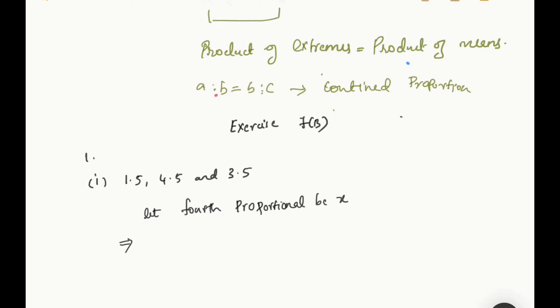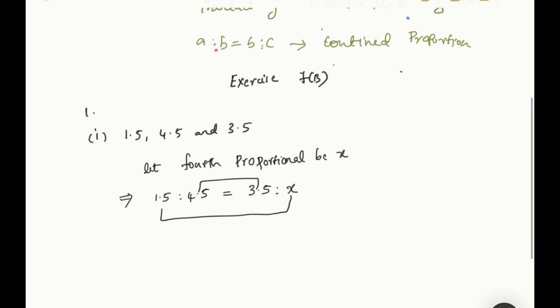That is, you can write this proportion as 1.5 is to 4.5 equals 3.5 is to x. Okay, so how can you find it if it is a proportional? What's the condition? Product of extremes and product of means are equal. So I can write this as 1.5 into x equals 4.5 into 3.5.